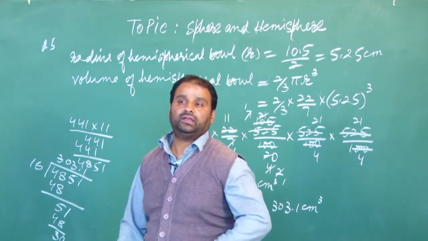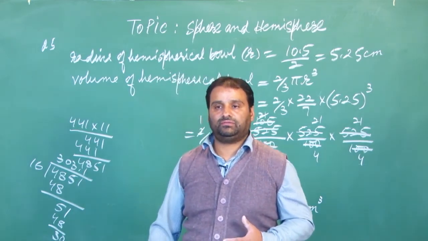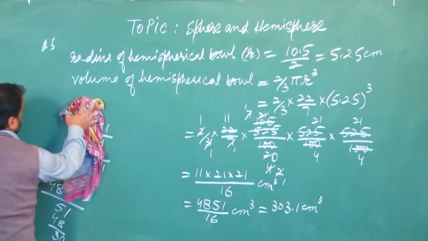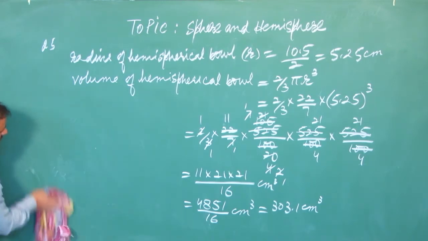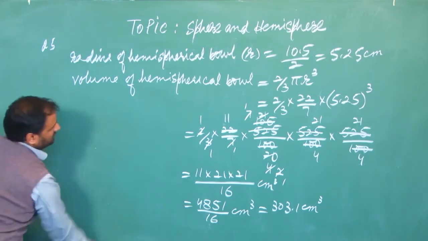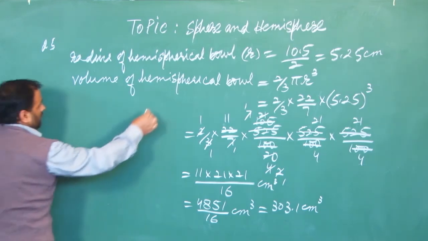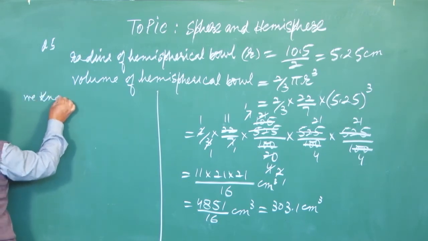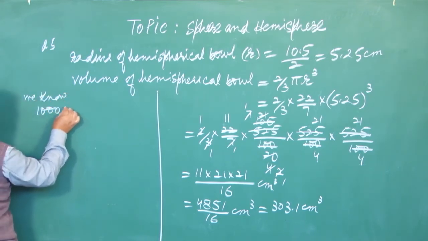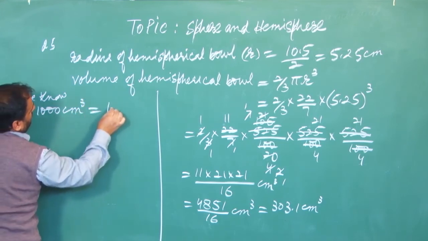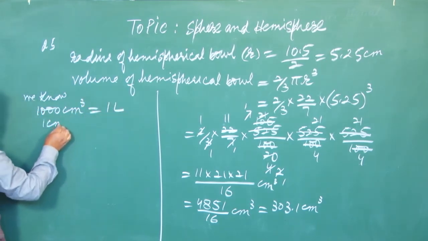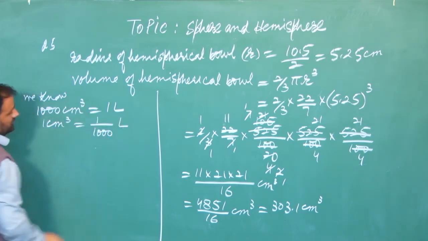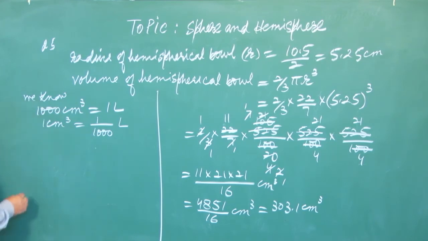We already know that 1000 centimeter cube is equal to 1 liter, and 1 centimeter cube is 1 by 1000 liters, using the unitary method you have done in lower classes.